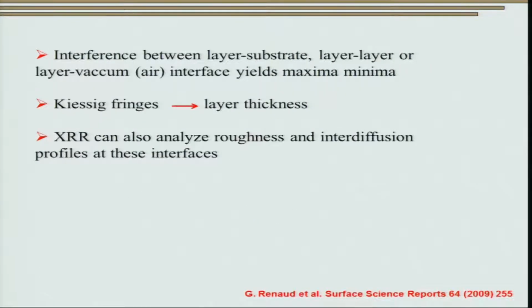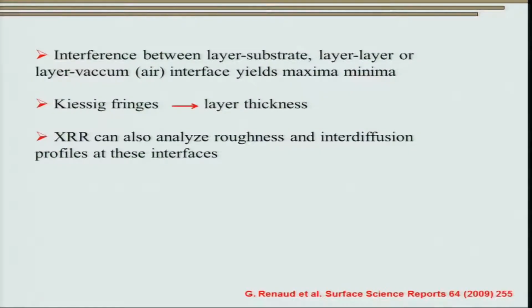And this is very important because of the interference. Now why do we get all these fringe patterns that I showed you? This is due to interference between layer and substrate, or if there is a multilayer film, you get interference between different layers, or layer and vacuum if there is only one layer. This gives rise to an interference pattern like we get during, say, Young's double slit experiment, and this leads to maxima and minima.